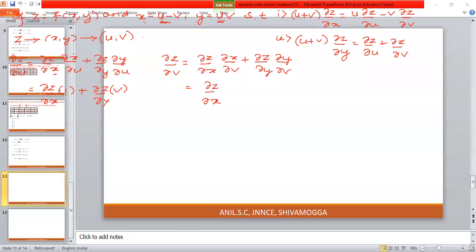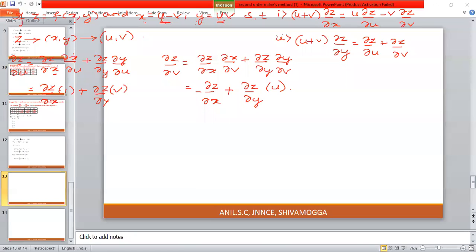Then what is del x by del v? Minus 1. Therefore, minus del z by del x plus del z by del y into del y by del v, the derivative of y partially with respect to v, treating u as constant. What will be the derivative? U. Yes, u. These are the two required partial derivatives.